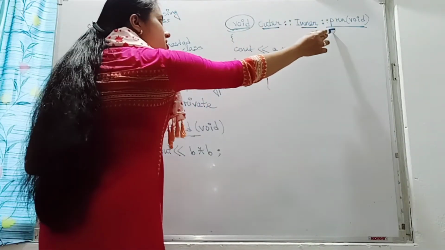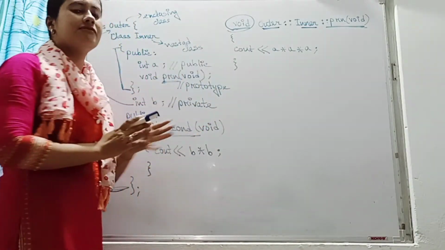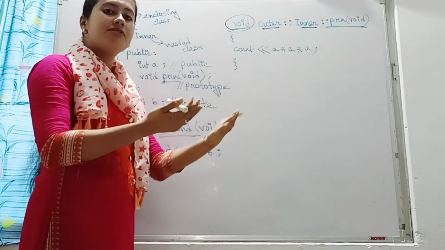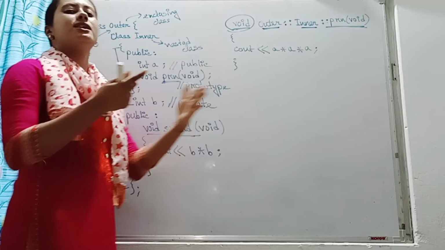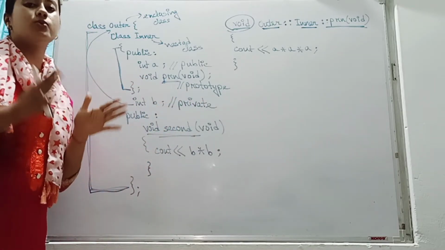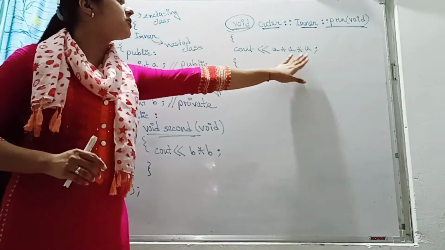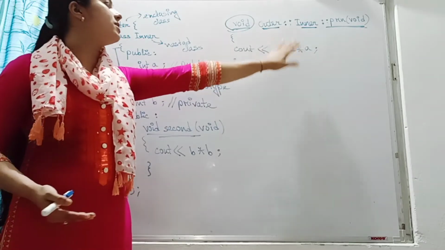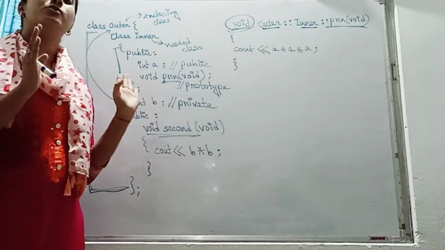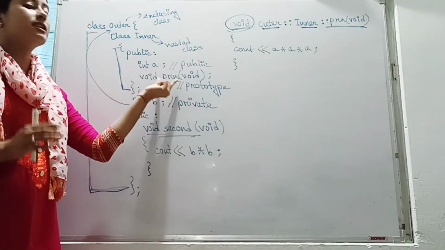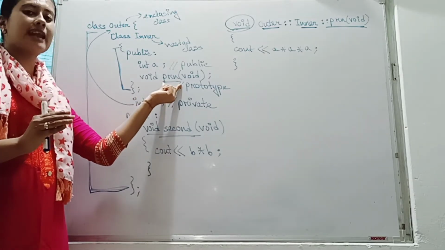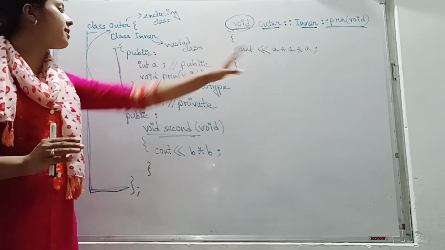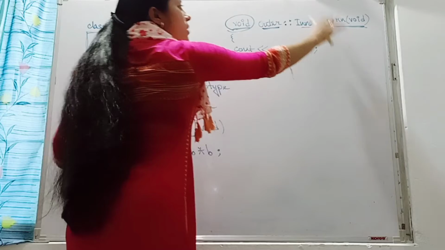And after mentioning the function name, inside this definition you have to give the definition of what this particular function wants to define. Suppose it wants to define the cube value, so it is defining the cube value. But you remember, if you define the function inside the class itself, then there is no requirement of this particular line.